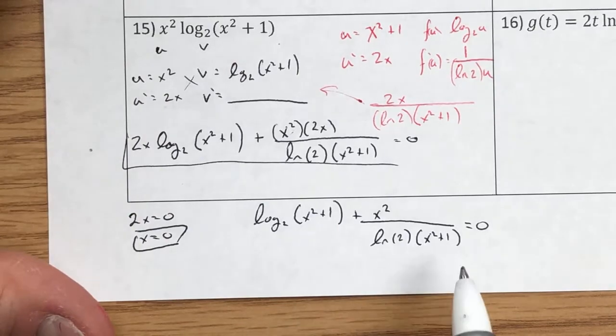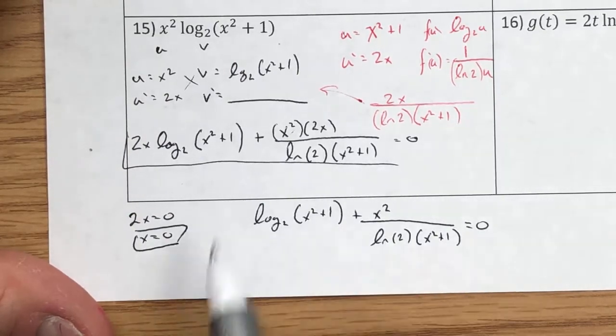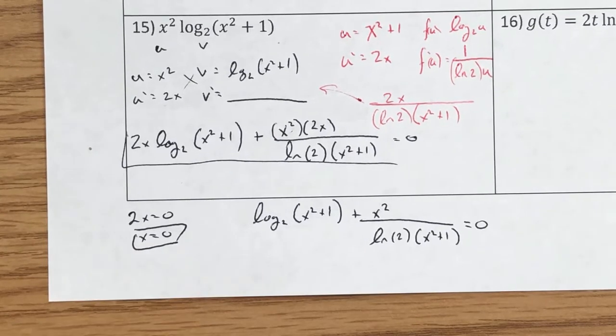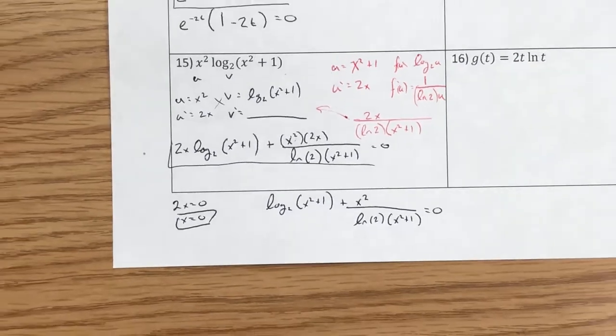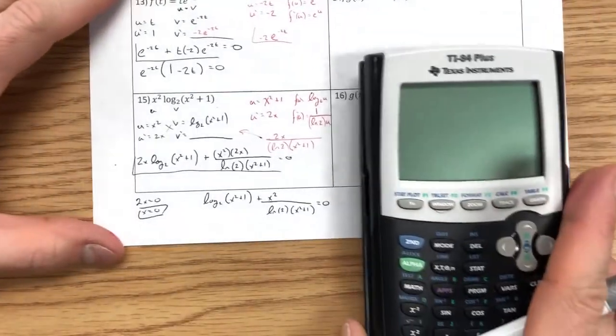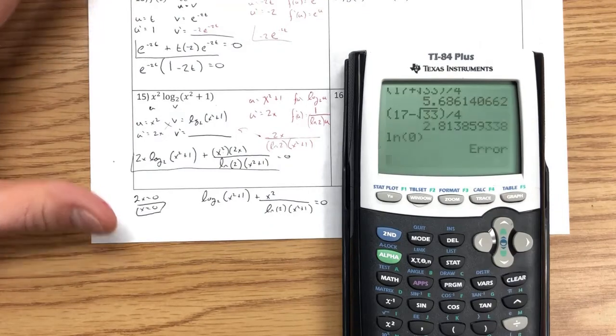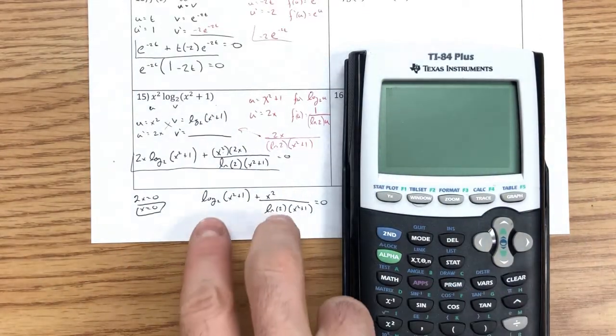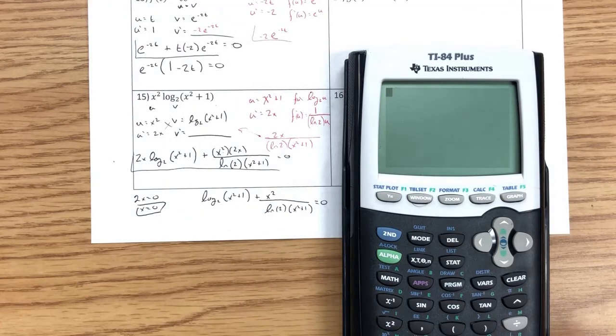And what we notice right here, this is where the trickiness comes in. There's really not a clean way to solve this, but what we can do is check out a graph and see if we're going to get a unique value for this one that hasn't already been covered. So let's take a peek at what that graph would look like. So this is the part of the graph that I want to see.